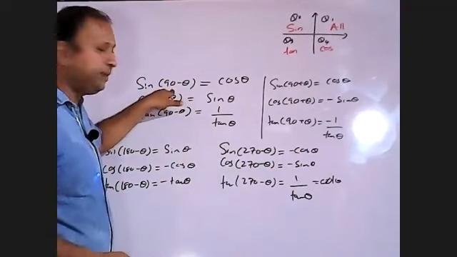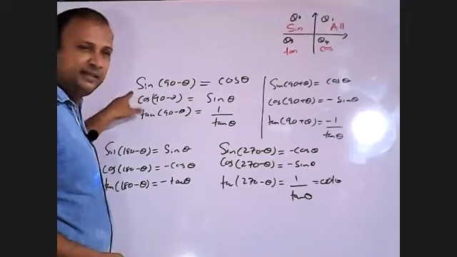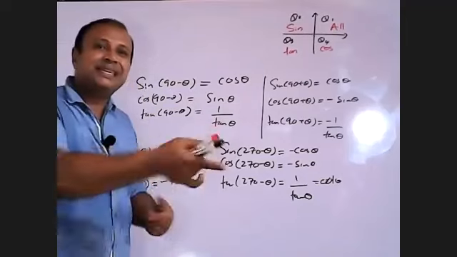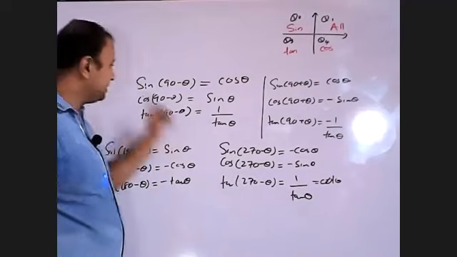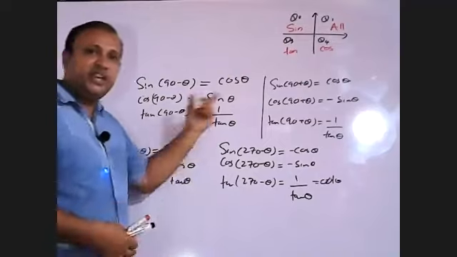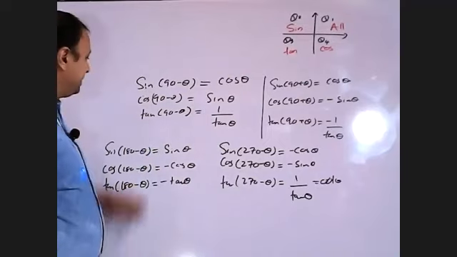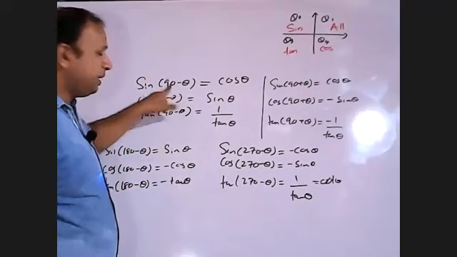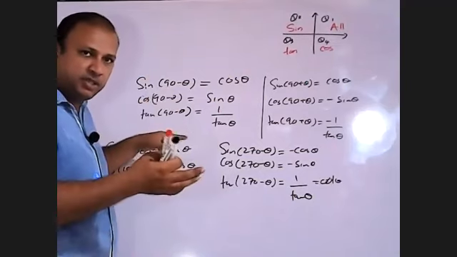If it is an odd multiplication, the trigonometric ratios should be interchanged. Sine should be interchanged into cos, cos into sine, and tan into cot.